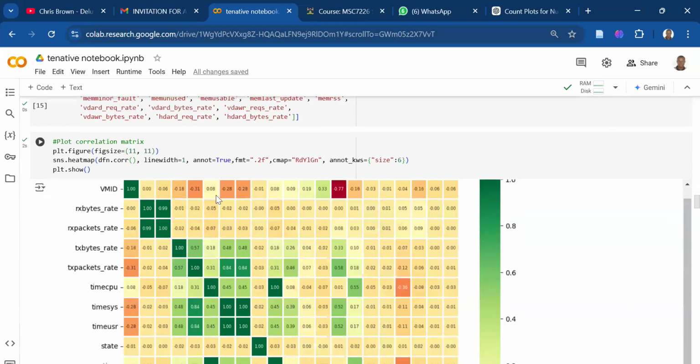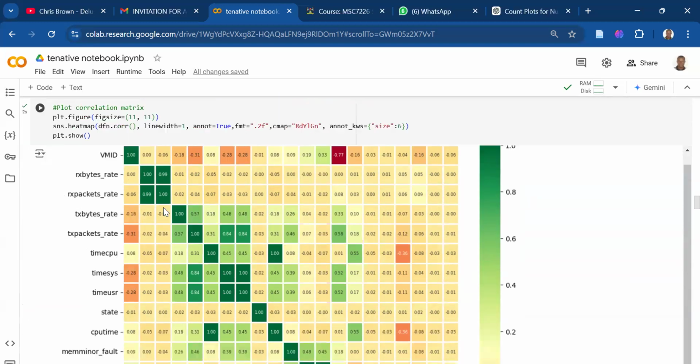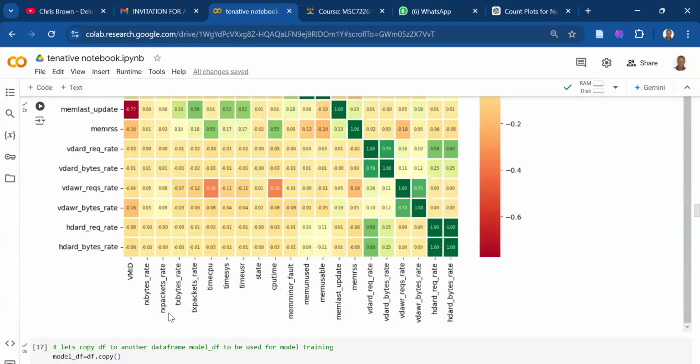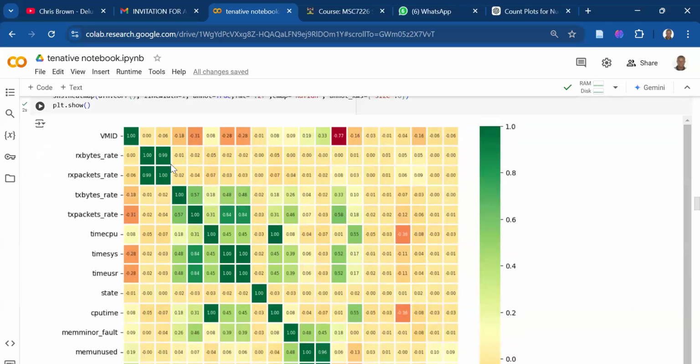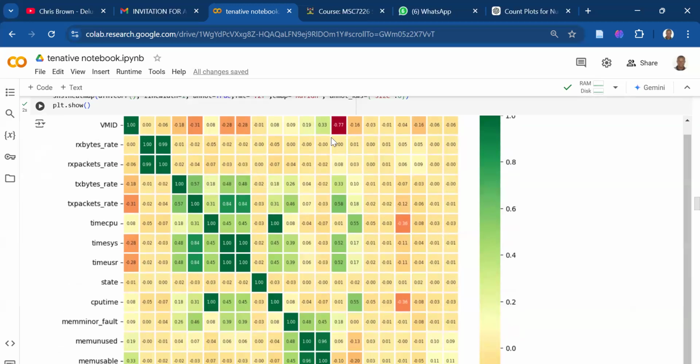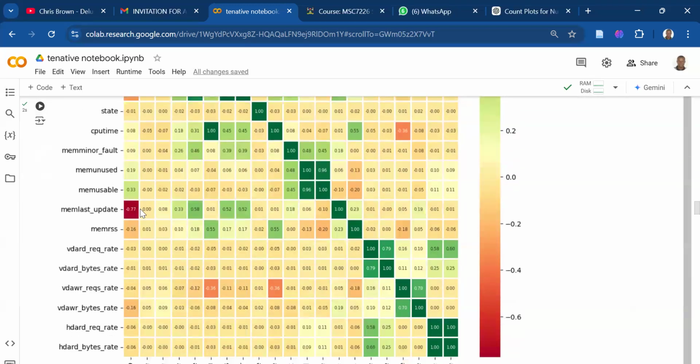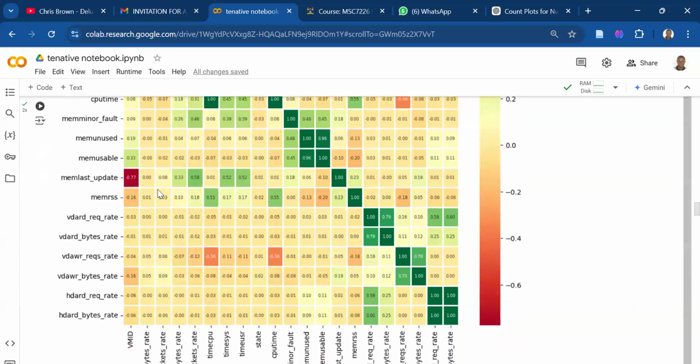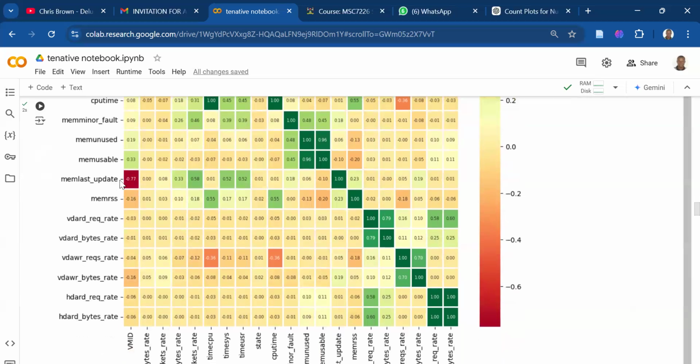For example, TX bytes, the number of bytes received on the network, positively correlates with the rate at which the packets are received on the network. So there is high correlation, and then there is low correlation. The brick red here displays those variables that are highly negatively correlated.